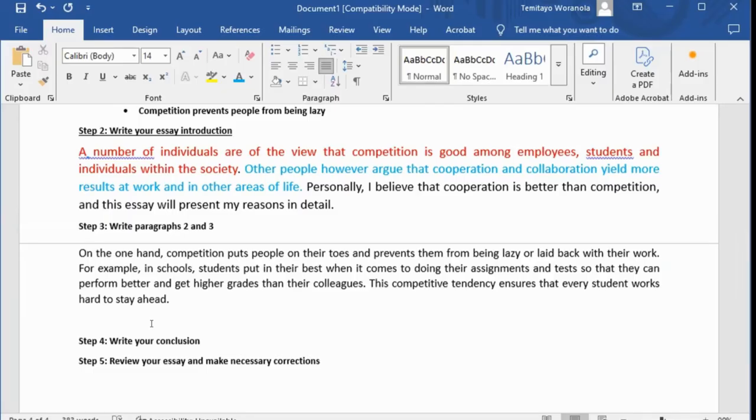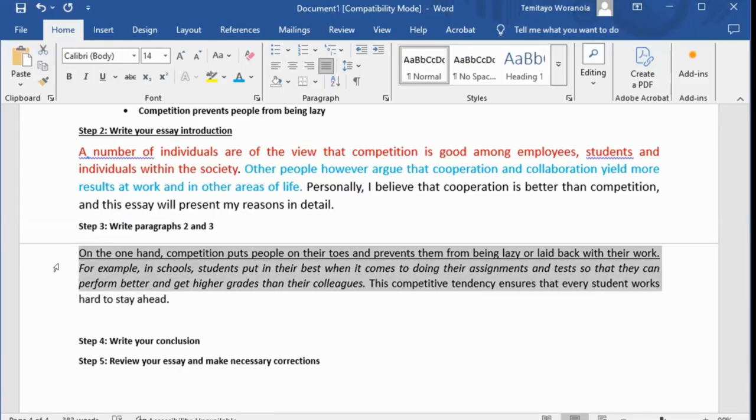Example. Okay, so look at my topic sentence here. This first sentence is my topic sentence. The second sentence is like an example. Okay, and then the third sentence is like a what? Like an explanation. Okay, so that's paragraph what? Paragraph 2. Now, let me move on to paragraph 3.